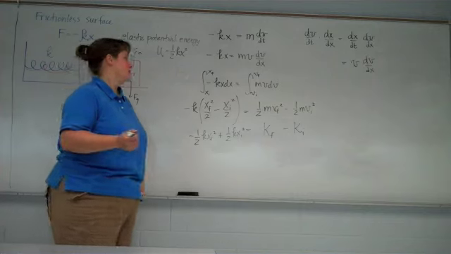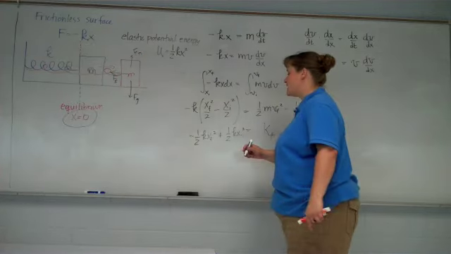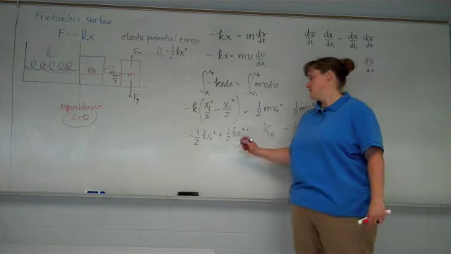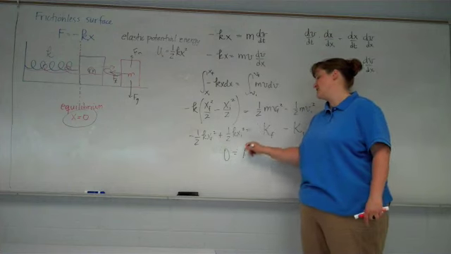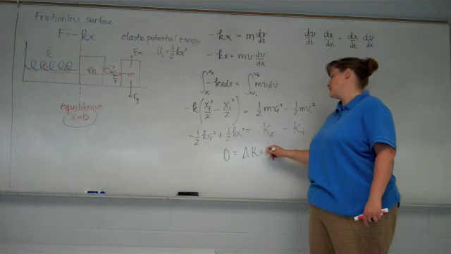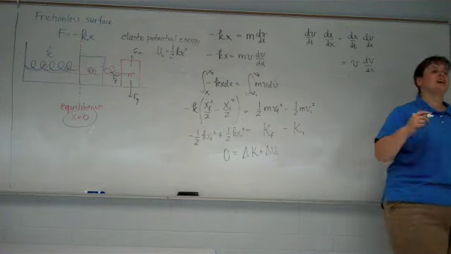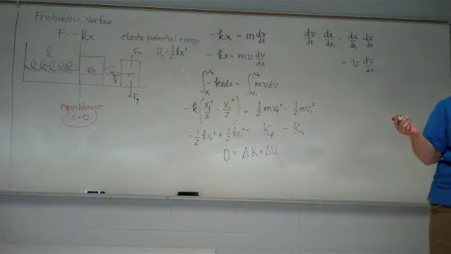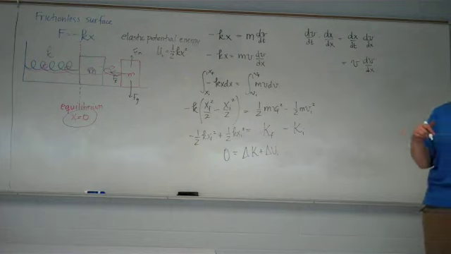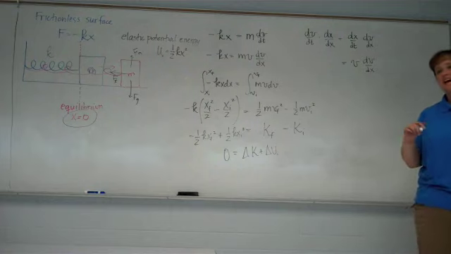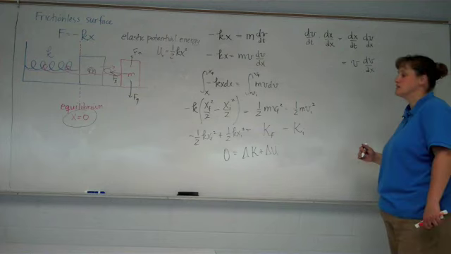Okay? What this equation tells us, we basically get, again, 0 is equal to negative delta K plus delta U. As the kinetic energy increases, the potential energy will decrease by the same amount, and vice versa. If the potential energy is increasing, the kinetic energy will decrease by the same amount.